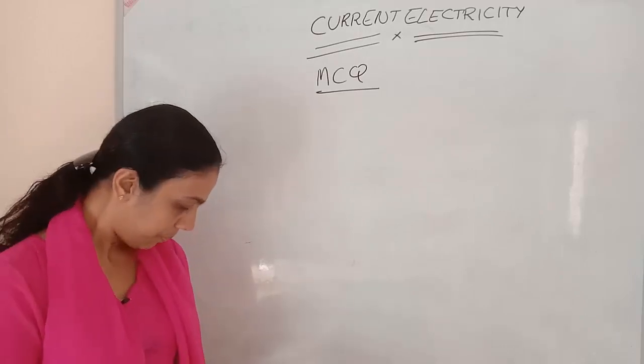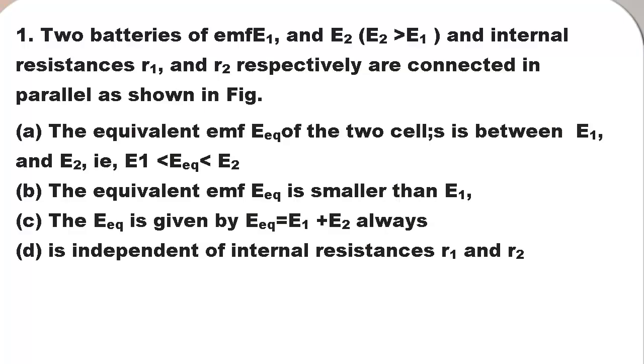The first question I am doing here is: two batteries of EMF E1 and E2, E2 greater than E1, and internal resistances R1 and R2 respectively, are connected in parallel as shown in the figure.